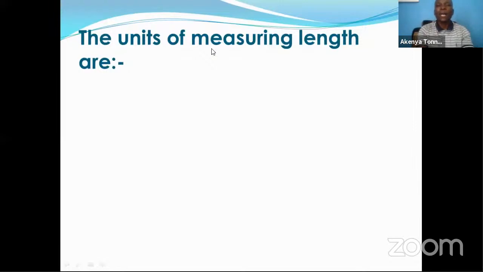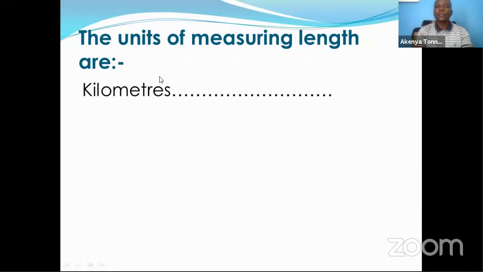Let's continue. Somebody has said centimeters, but I am going to give you the units of measuring length from the biggest to the smallest. The first one is what we call kilometers. Class, can we say kilometers?